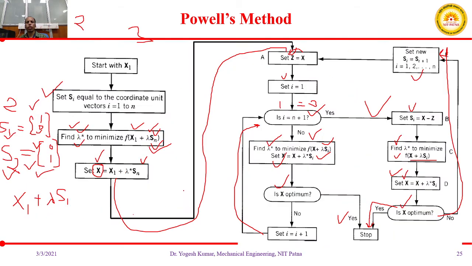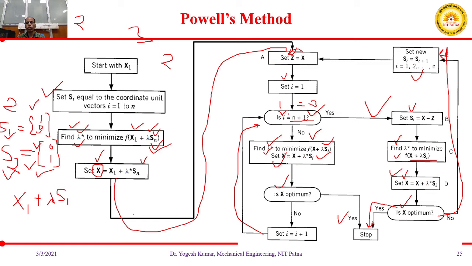Now let us try to see here, because the value of your n was equal to 2, and this loop is continued. You are trying to find the value of lambda star. How many times have you taken this? You have done it 2 times.